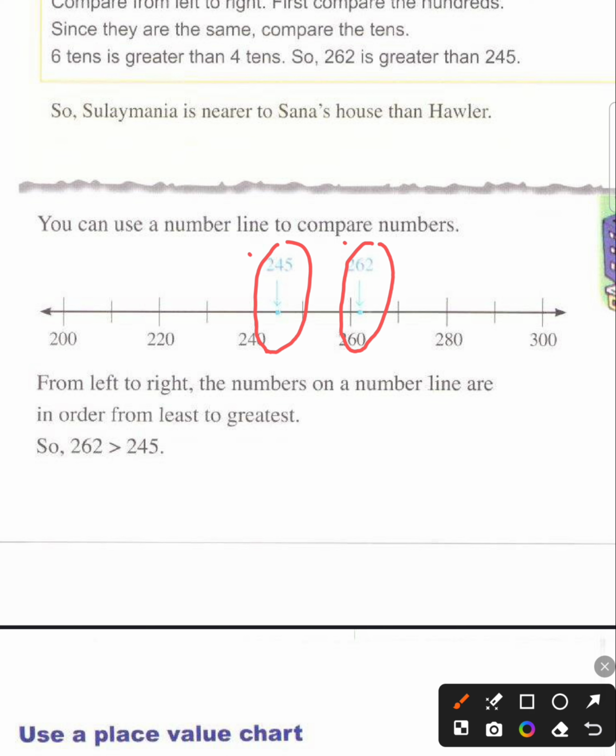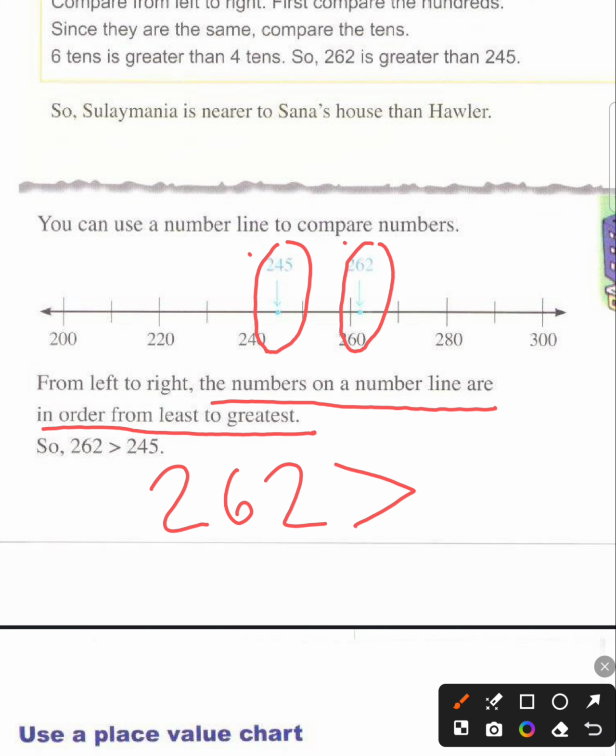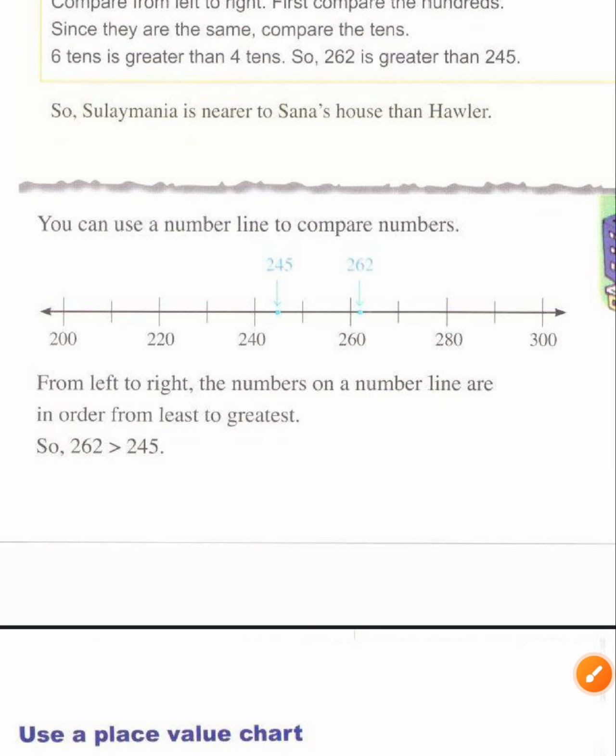The numbers on the number line are in order from least to greatest. It means 262 is greater than 245. And we see that Suleymania is nearer to Sana's house than Hawler, the same as with the base 10 blocks.